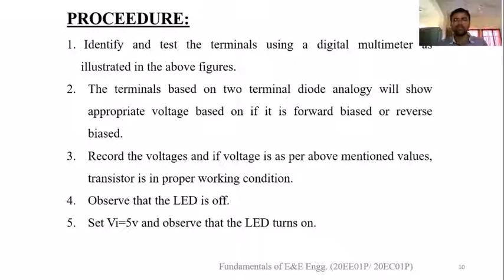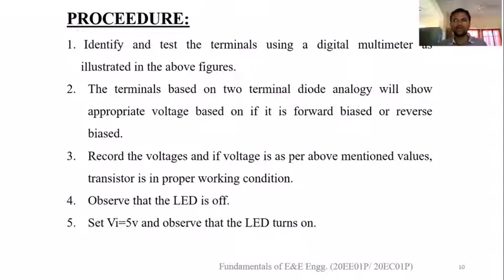Second point, the terminals based on the two-terminal diode analogy will show appropriate voltage based on whether it is forward biased or reverse biased. Two diodes connected back to back constitute a transistor.